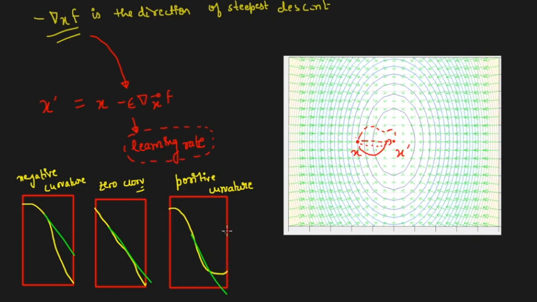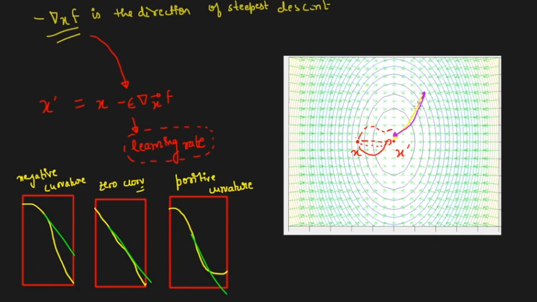So what the learning rate plays a role here is, suppose we choose a very high learning rate. Let me plot a new point here. Suppose we have a point here and we want to move towards here. That's our goal. Let me choose a more visible color. So we want to move from here to here. In all cases, we'll choose the direction of the gradient, but what will matter now is the value of this learning rate.